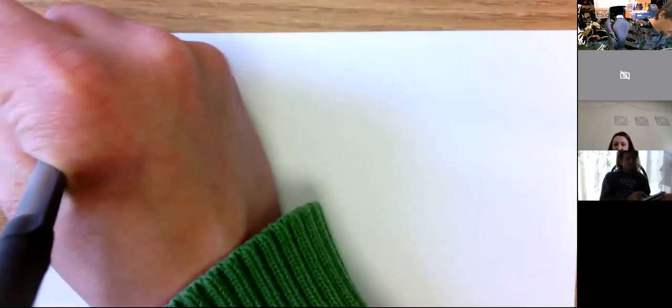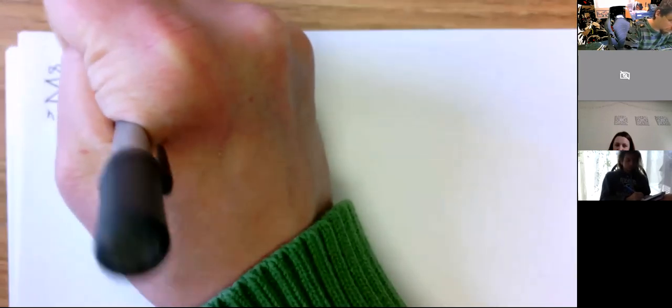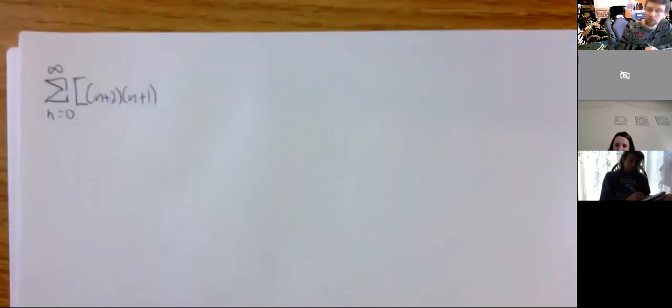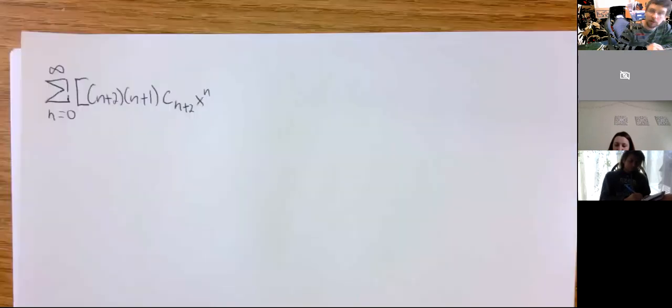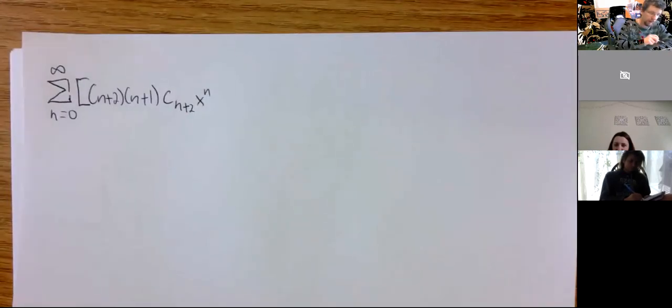We have a series. We set everything to n equals 0 because we want to start with the same index, going to infinity. We get n plus 2 times n plus 1 times Cn plus 2 x to the n. And that's our first term, that f double prime. So this is f double prime of x, right?